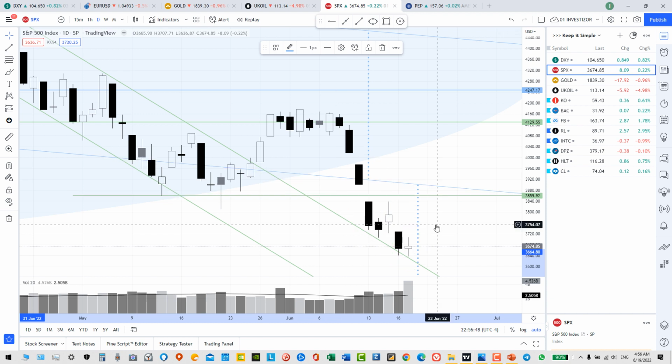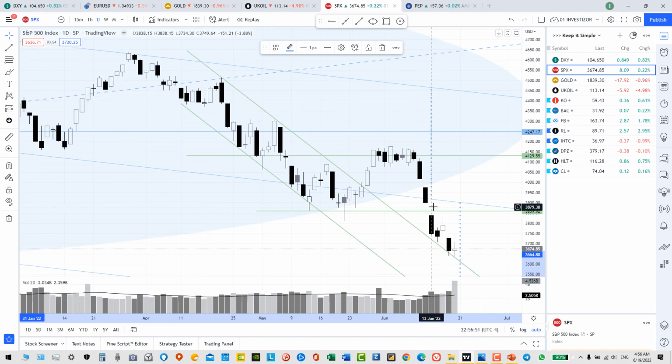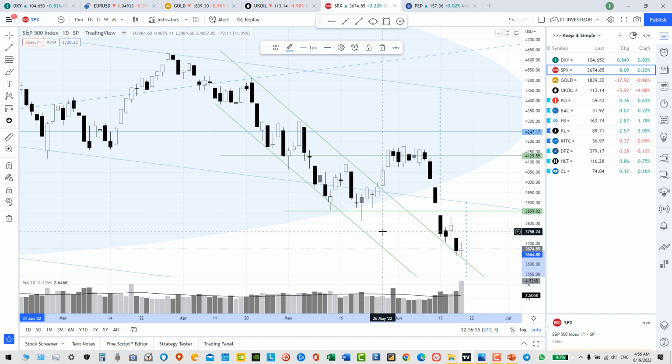The view of the S&P 500 is negative as long as it is below the 3,900 mark, which is considered to be a zone of around 100 points more and 100 points less. This zone will act as a resistance area against any move to the upside over the short term.